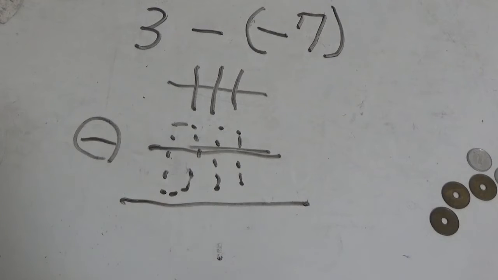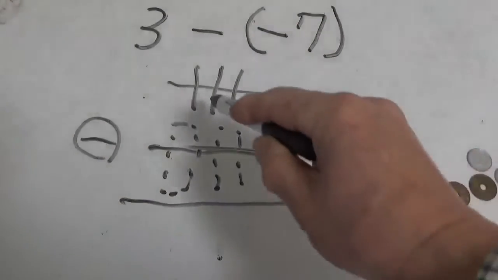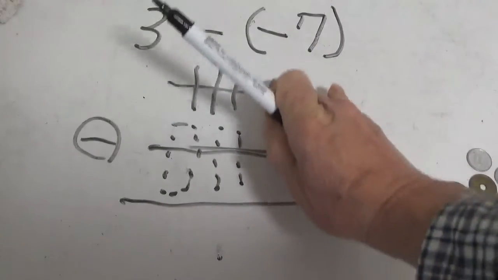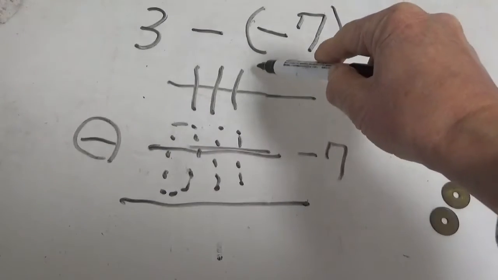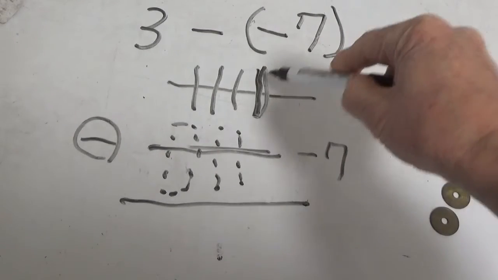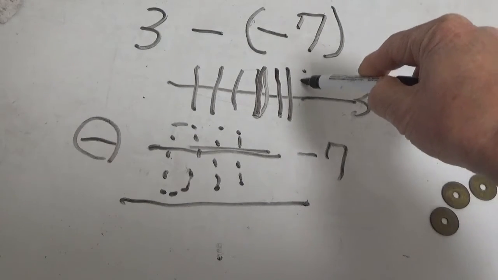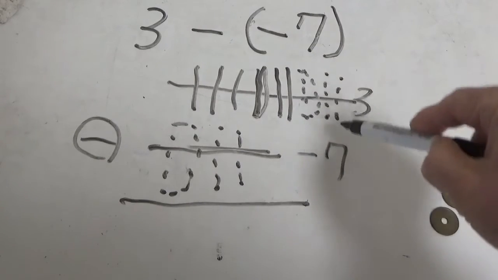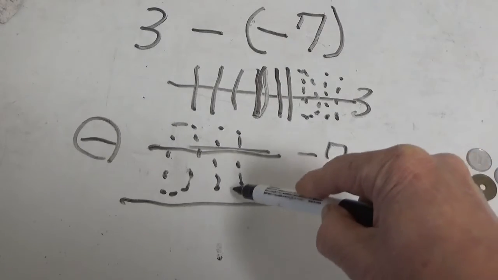Let's try a little more complicated subtraction of negative value. 3 minus minus 7. This is 3 and this is minus 7. So I will extend this, 7 and minus 7, and this is 0, and subtract minus 7.